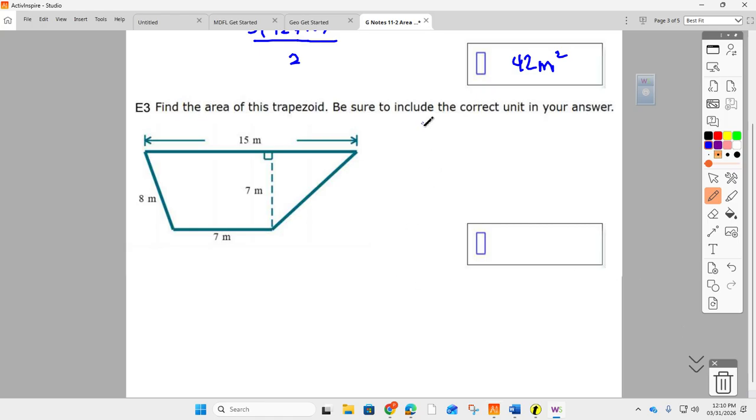All right. Doesn't matter which way the parallelogram, or the trapezoid rather, is turned either. The base and the height are still the parallel sides. The height is still the distance in between the two bases.